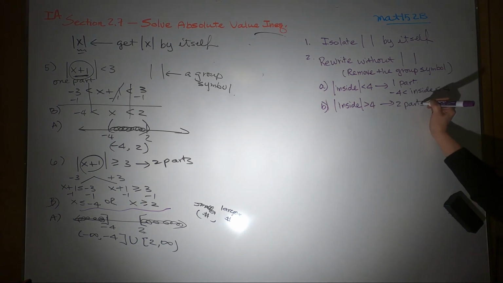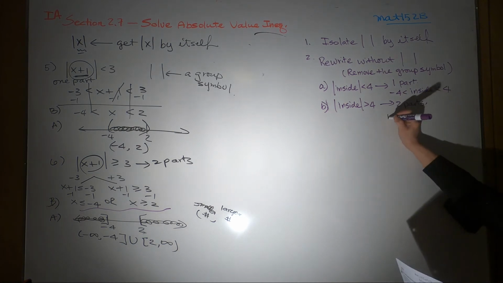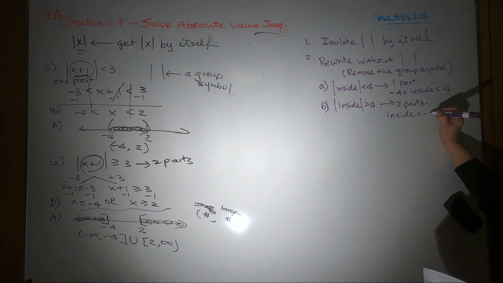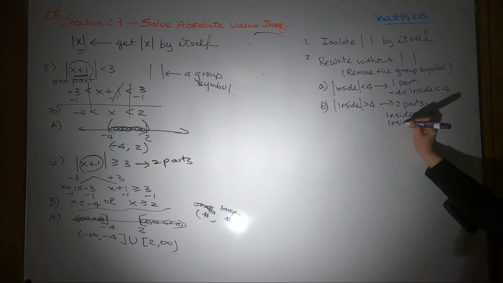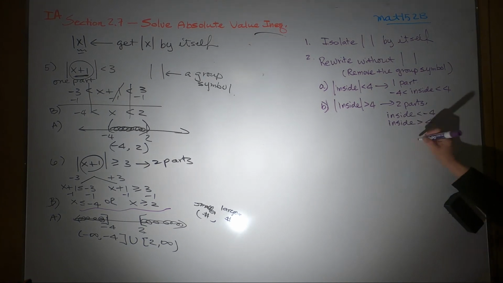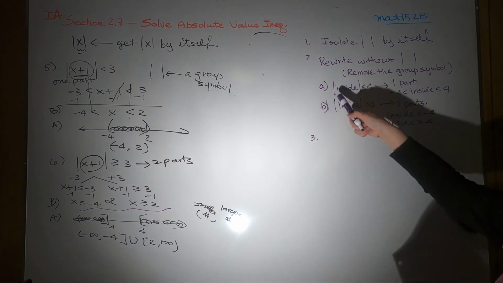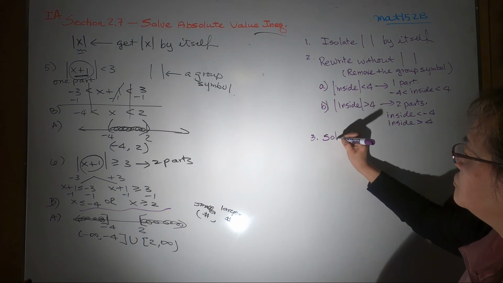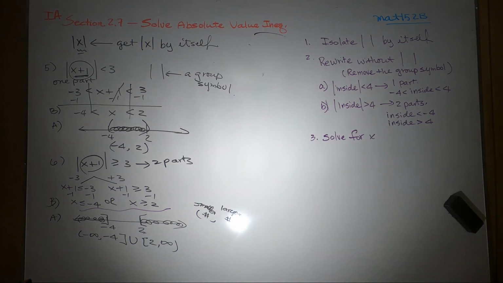You should write the 2 parts. Then you will have what? 2 parts. One is what? Inside should be less than -4, either further away on the negative side or further away on the positive side, right? Once you resolve whatever the inside is as a group, then you solve for x. Is that what we have been doing?